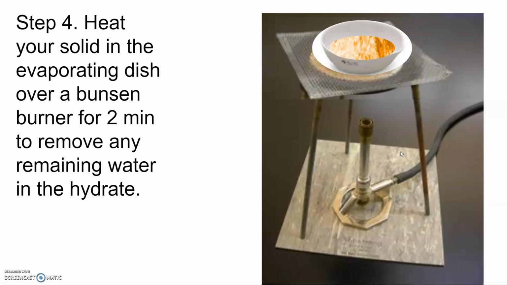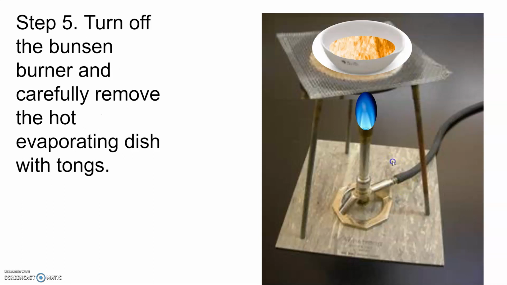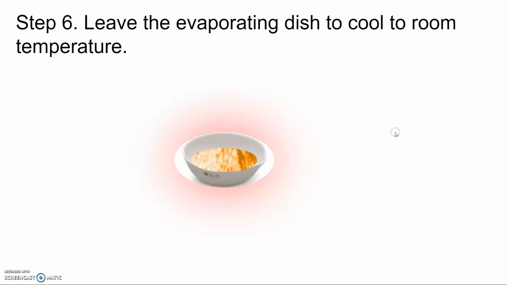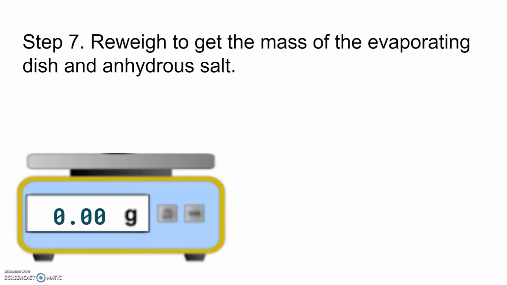This time we're just going to heat it for about 2 minutes to see if we can remove any more water from this hydrate. All right, it's been 2 minutes. We turn off the Bunsen burner, remove the evaporating dish with our tongs, and let it cool down to room temperature. Once it's cooled, we reweigh it, and now we get a mass of 16.70 grams.